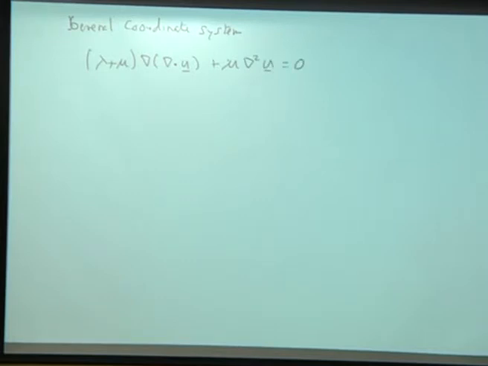So if you wrote this in a general coordinate system, it looks like this, equals 0.